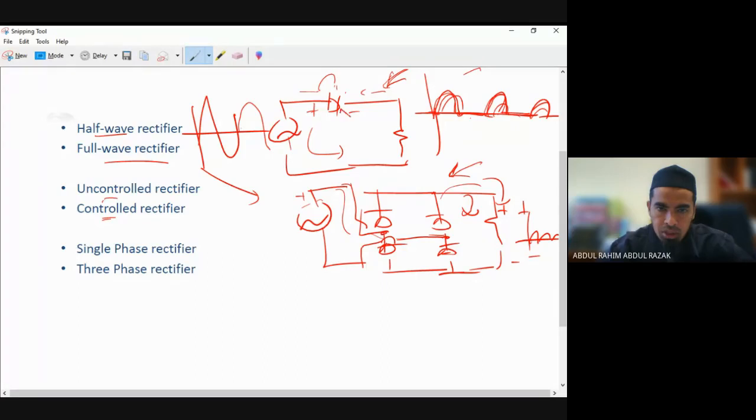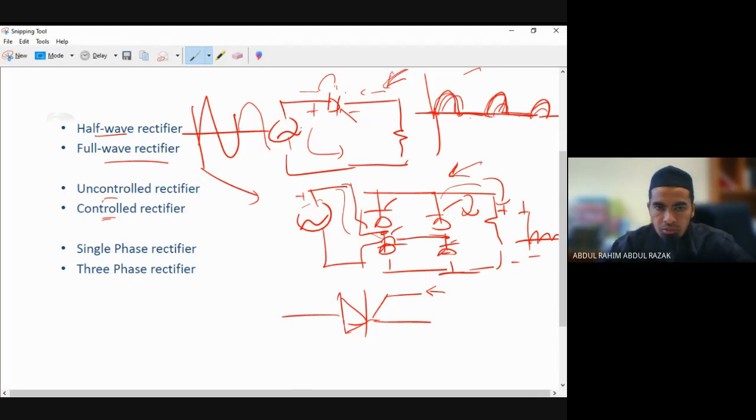Okay, it's uncontrolled. But when you see a device with this kind of marking, this is a so-called diode. But when you see some sort of this marking, it means that you have some sort of signal that will be induced to the part. So this kind of part is a so-called control device or control switch.